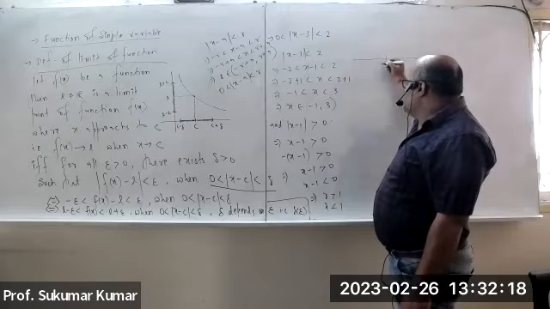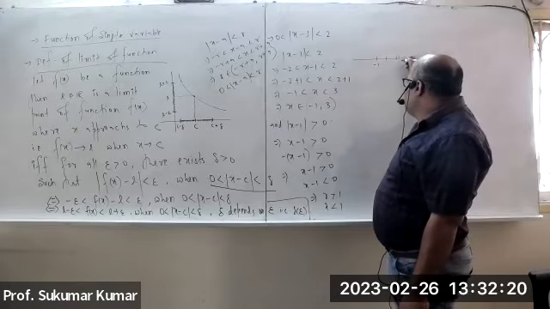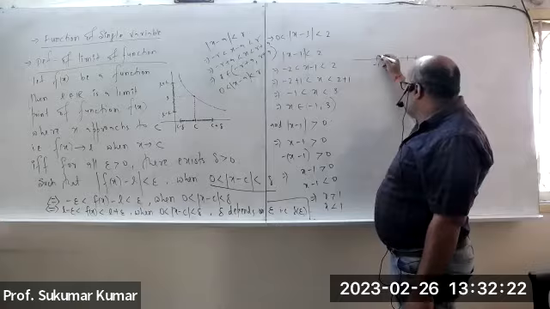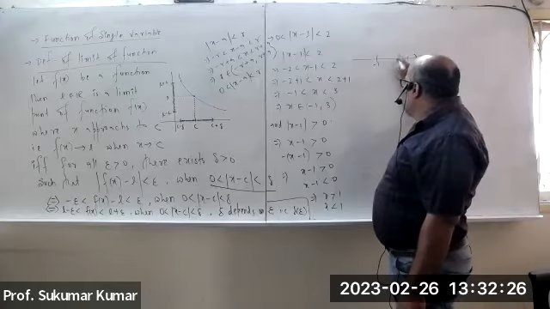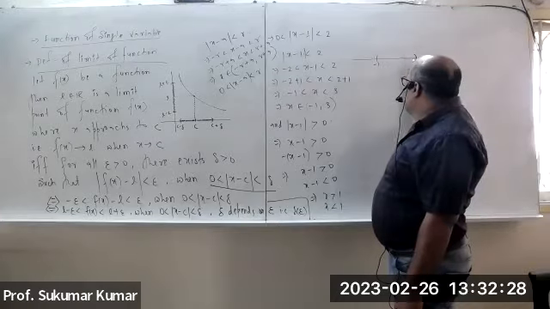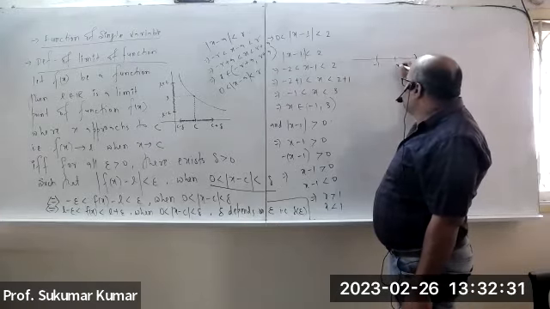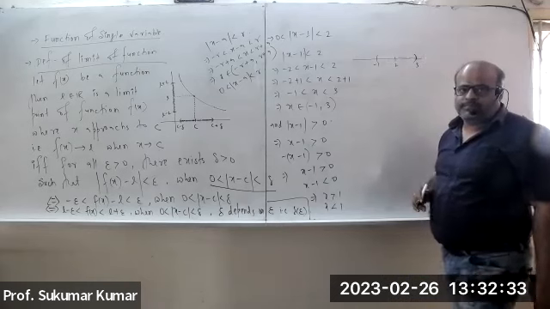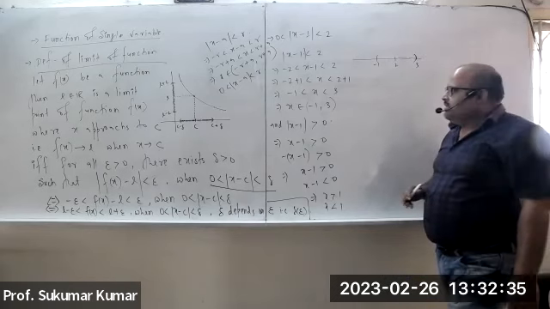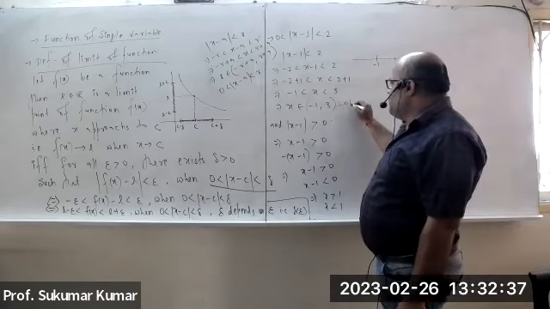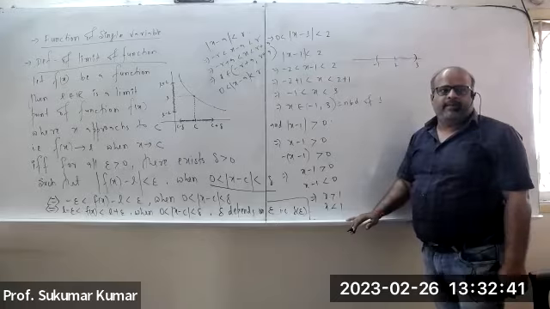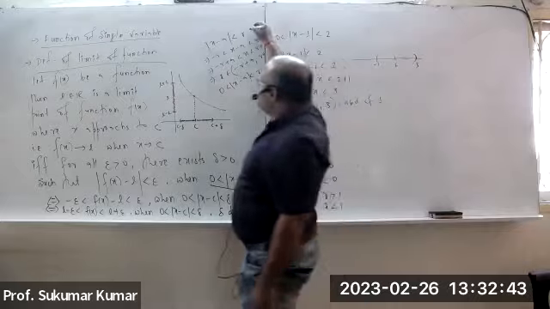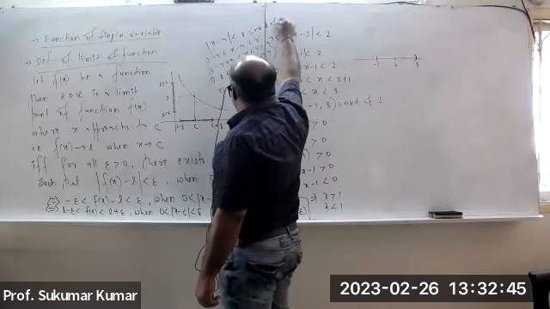Suppose 0 is here, then -1 will be here, then 1, 2, 3. So this is our interval, -1 to 3, in which the center is 1 and the radius is 2. We can say this is the neighborhood of your center. Whatever we have here, we can say this is the neighborhood of center a.